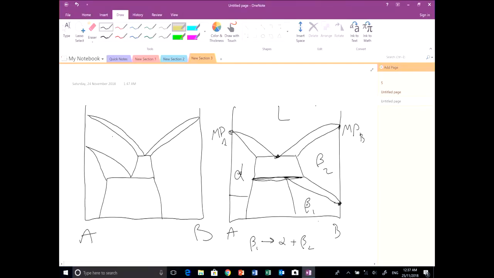It's a eutectic. What's that? What's that? What is it? Crystallographic phase transformation. It's a horizontal line that comes out of the edge. So that's alpha A to beta A. What's that?